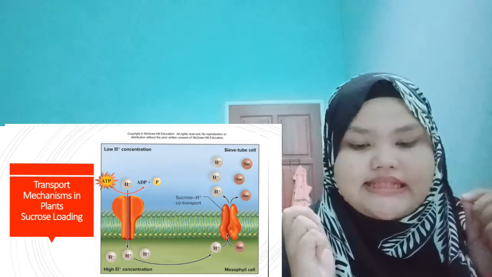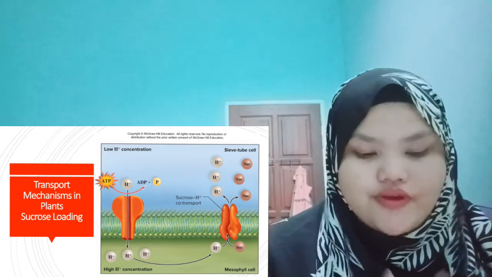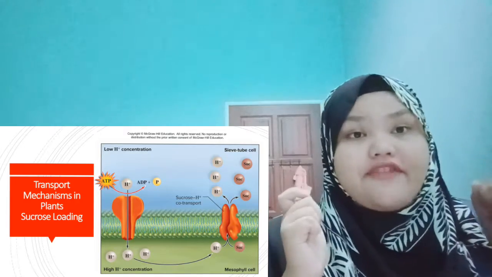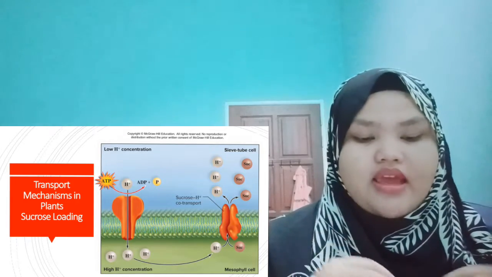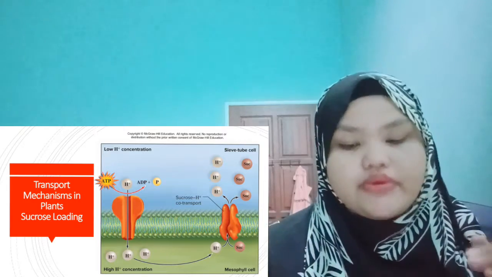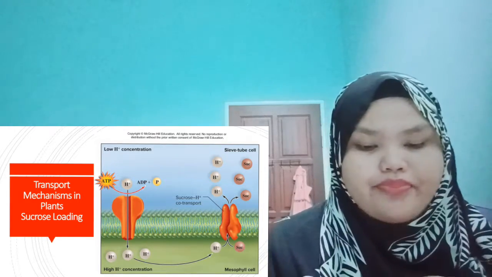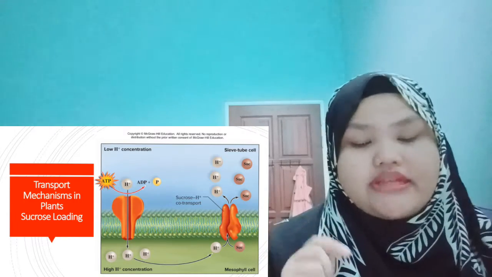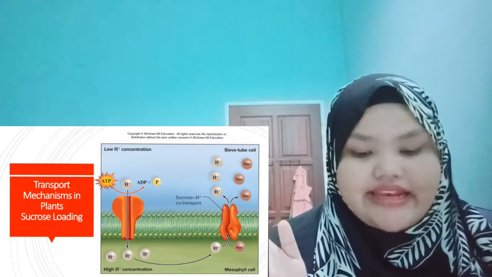Okay. Firstly, when the leaf carries out photosynthesis, it makes sugar, and the sugar is actively transported from cells in the leaf mesophyll into the sieve tube of phloem. Phloem is a continuous pipeline throughout the plant, like xylem.